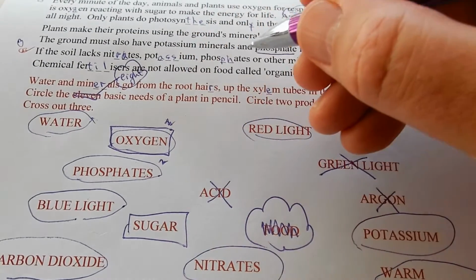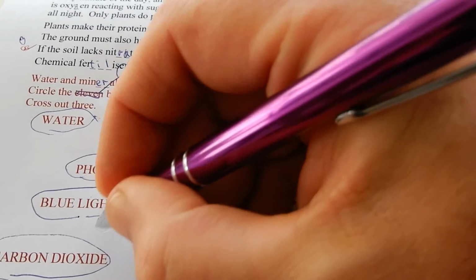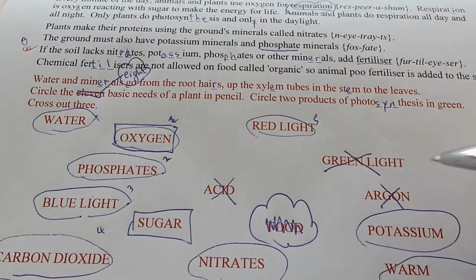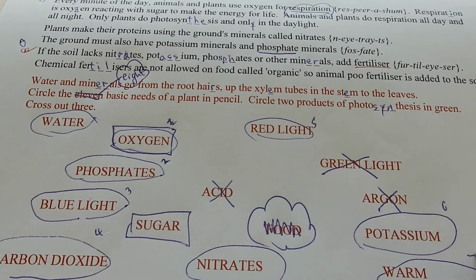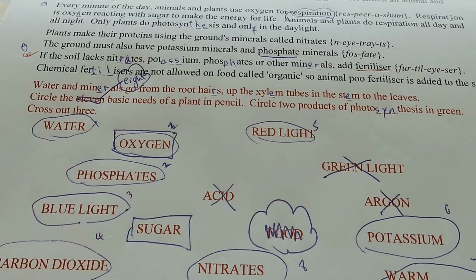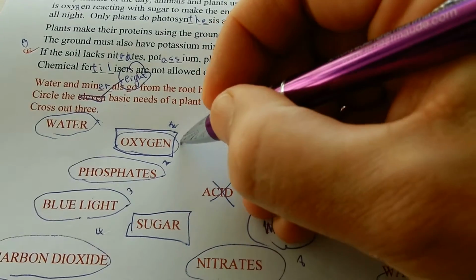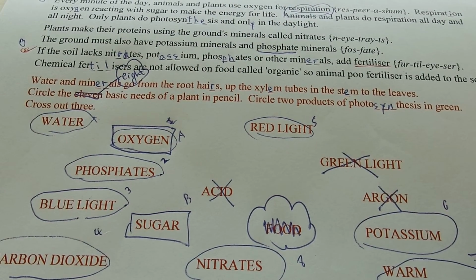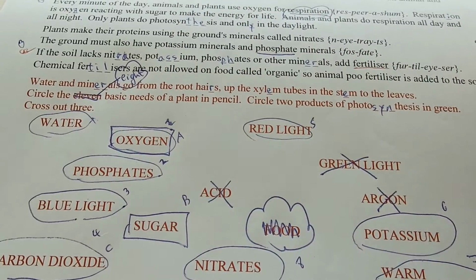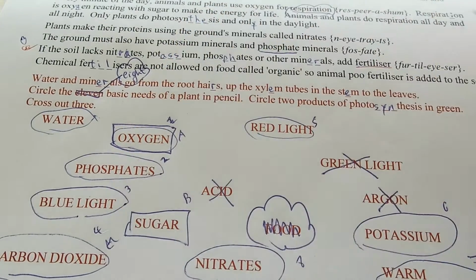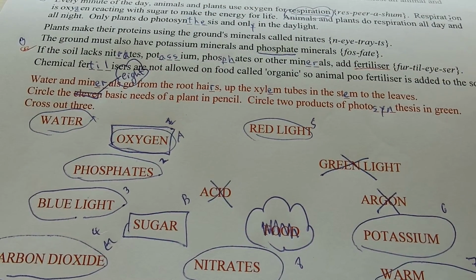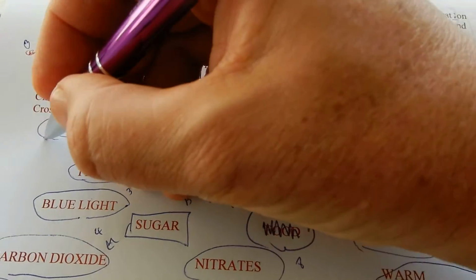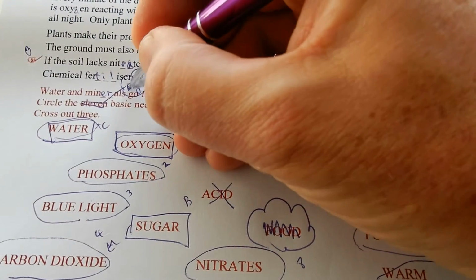Things they need, 8. And 3 products. A, B, C. Product, water. Oh, C. Whoops. That's 7.